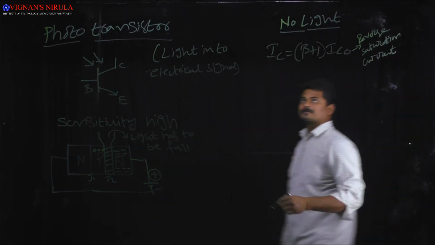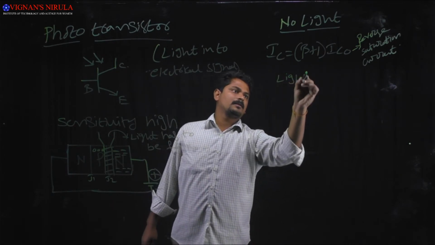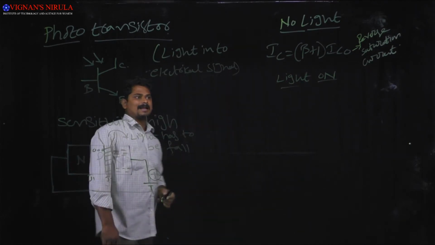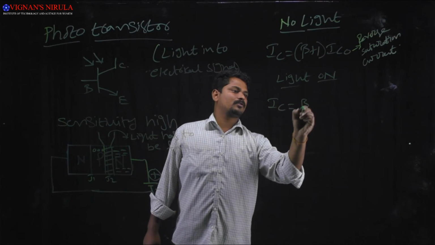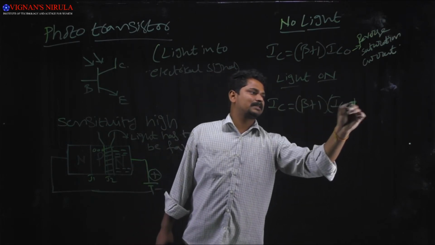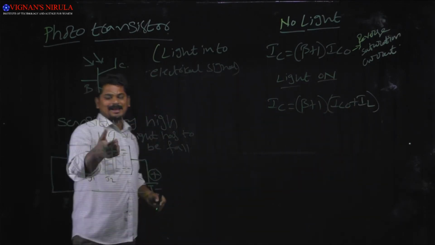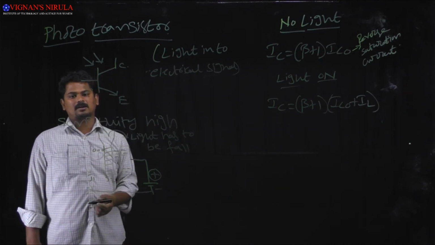Whenever light is on, we will get the current of your phototransistor IC equal to beta plus 1 into ICO plus IL. This is due to the load current. In this light there is photon energy, which has a combination of electrons and holes.